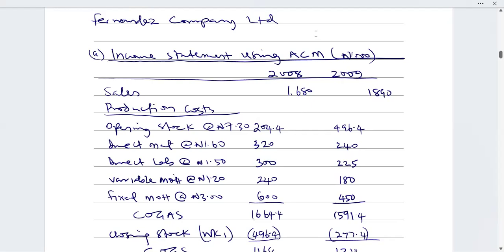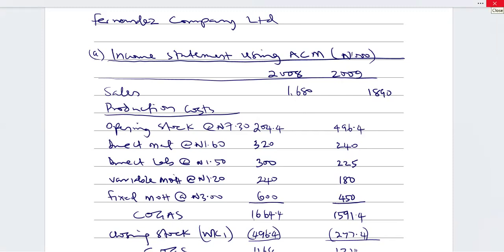For example, units sold in 2008 was 160,000. Selling price is 10 naira 50 kobo. When you multiply, you will get 1,680,000. Is it clear now? Try it in your calculator.